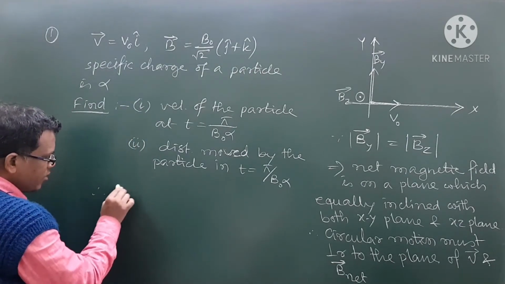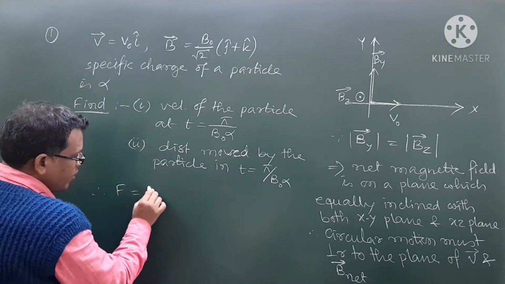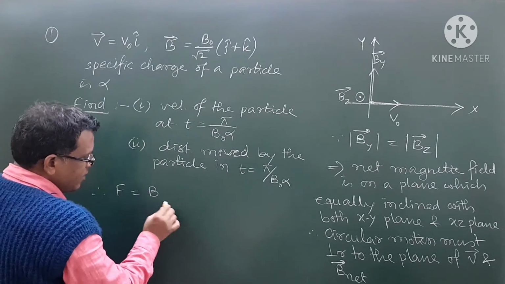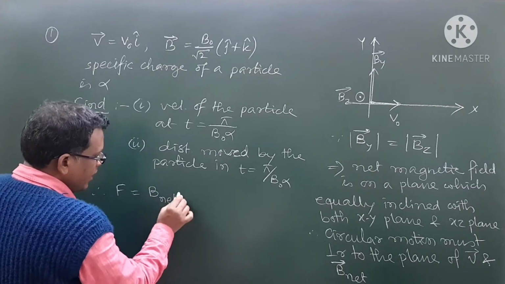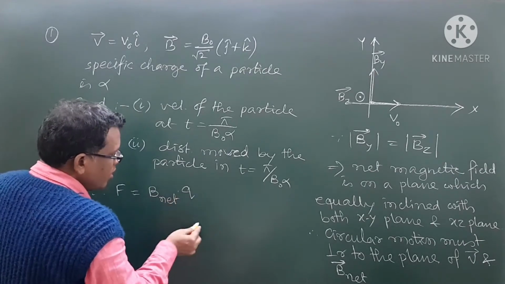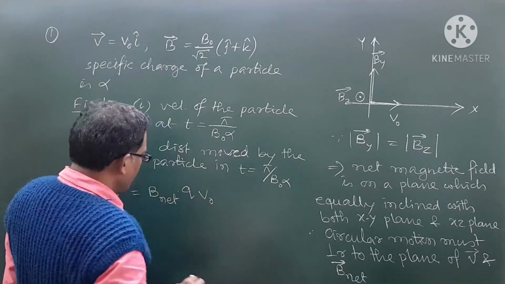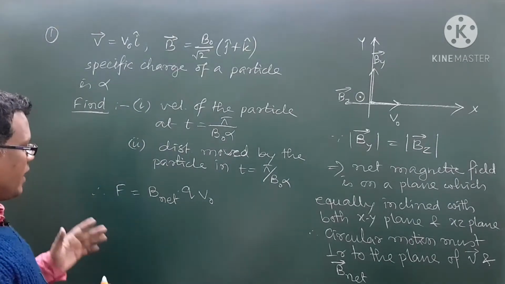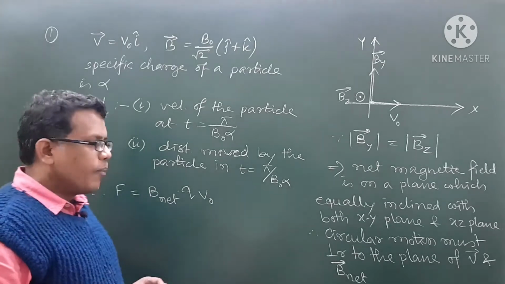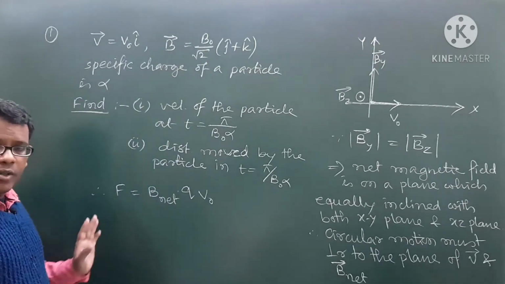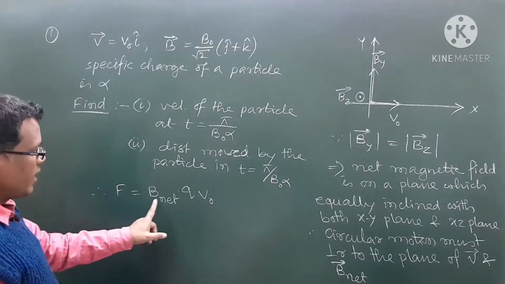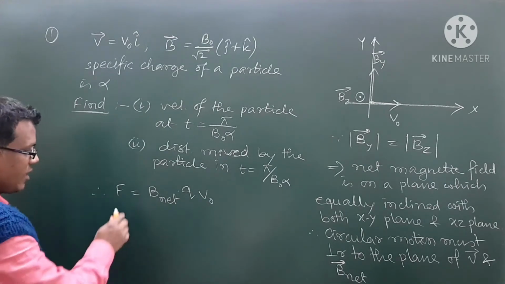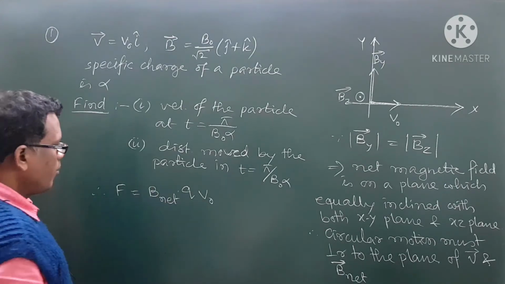So we can write down the magnetic force, that will be B net into Q into V naught, BQV, since the angle theta between the magnetic field and velocity vectors is 90 degrees, they being perpendicular. So this will be the net magnetic force.